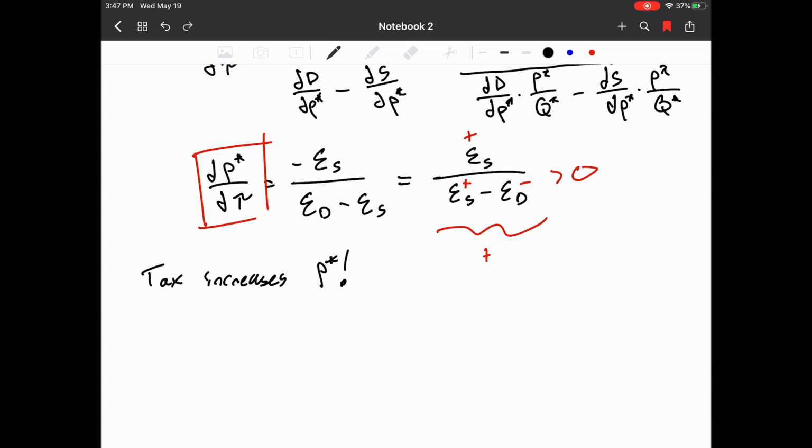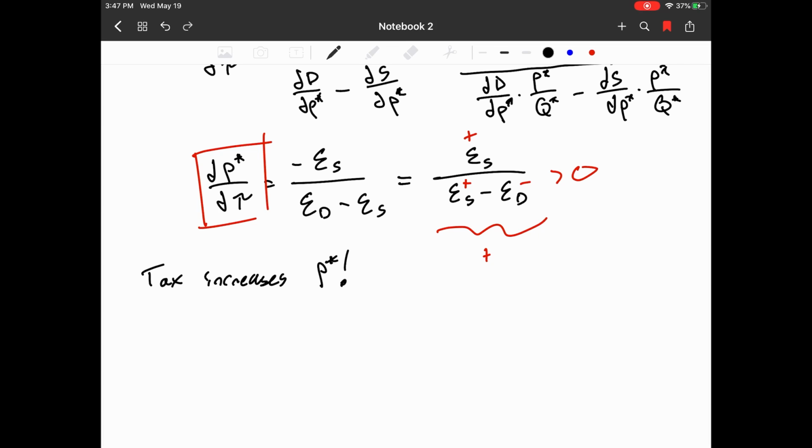Okay. And we know something about the relationship between the incidence of tax, or the responsiveness of the buyer's price to an increase in tax. We know there's the relationship between dP star d tau and elasticities.